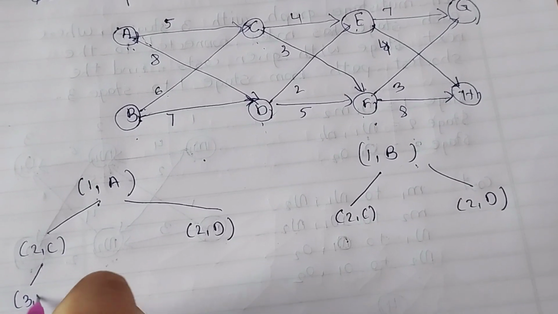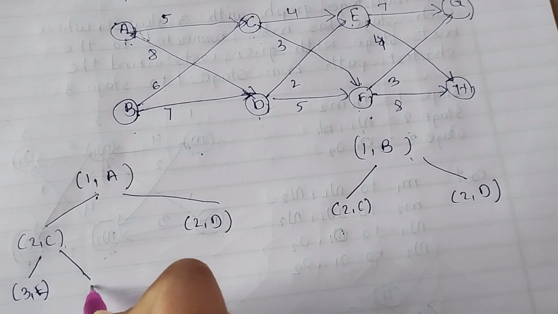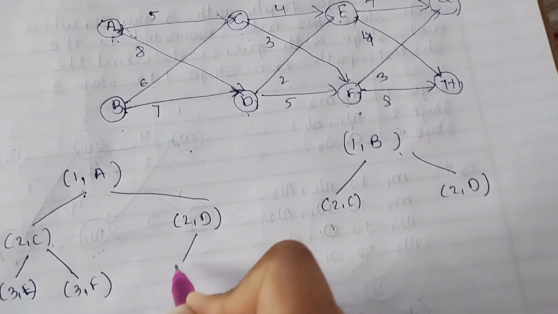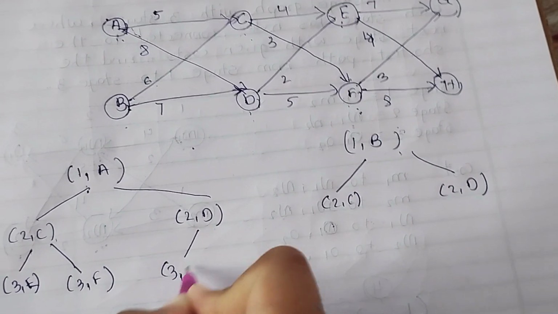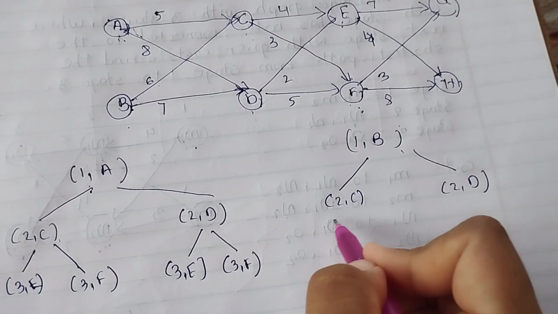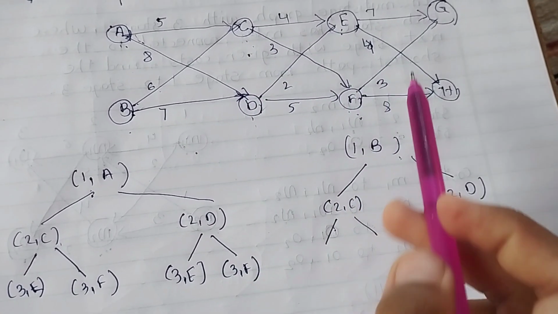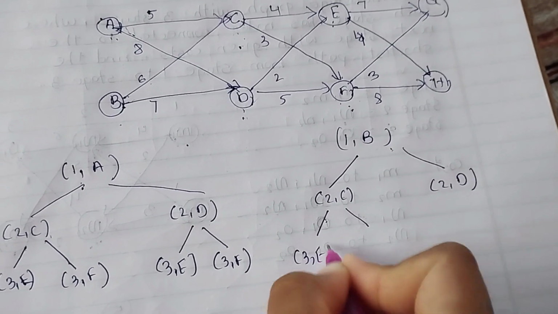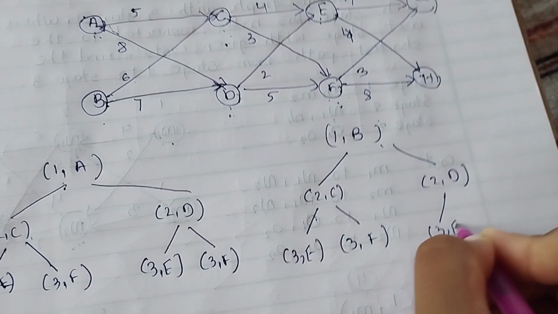So 3E and 3F. This D also reaches 3E, 3F. Same for this 2C reaching E and F, 2D reaching E and F: 3E, 3F, 3E, 3F.